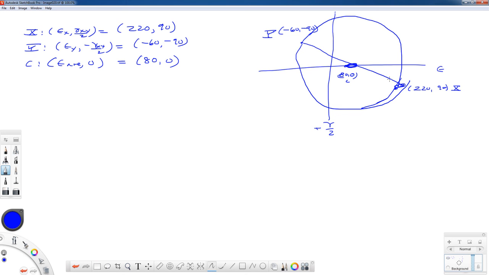Alright, so if I want the principal strains, I know that the principal strains are located here and here. Epsilon P1 and 2 is the average plus and minus the radius. I need to find the radius. I'm going to drop a vertical line down to this point right here, and this height is 90, and this distance is going to be 220 minus 80.